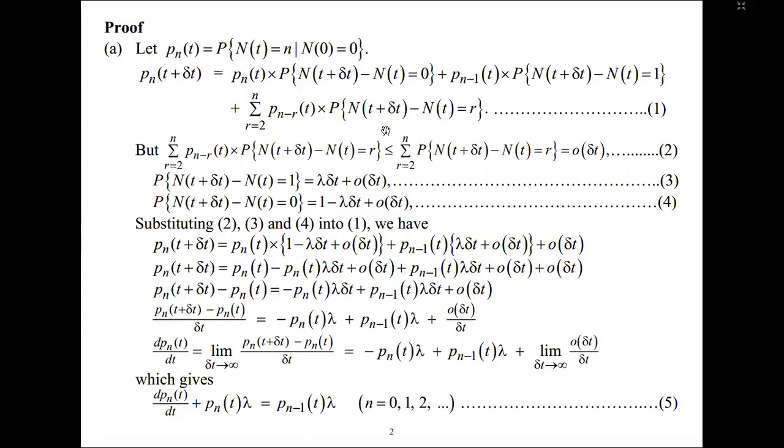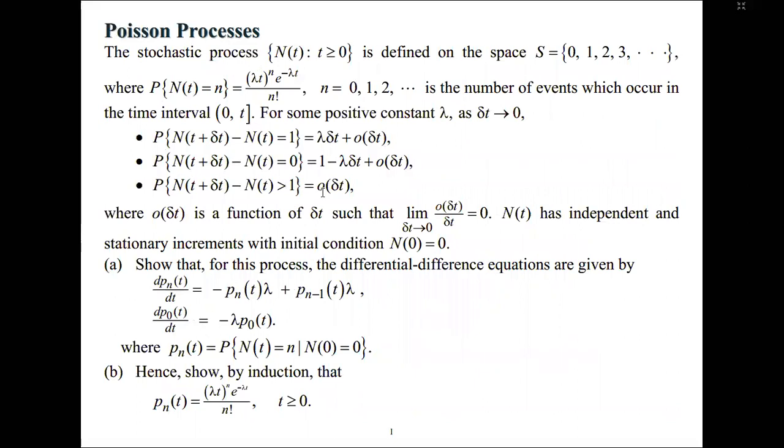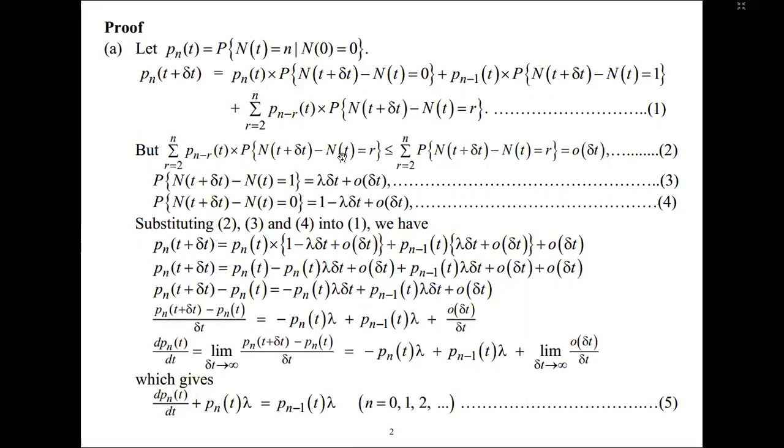So this last part of equation 1 can be expressed as this. Because for more than one event, the probability is little o of delta t, it means that for 2 or more events it will be equal to little o of delta t.